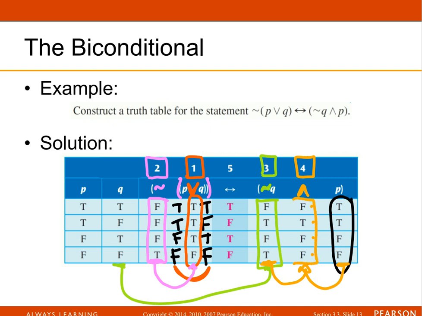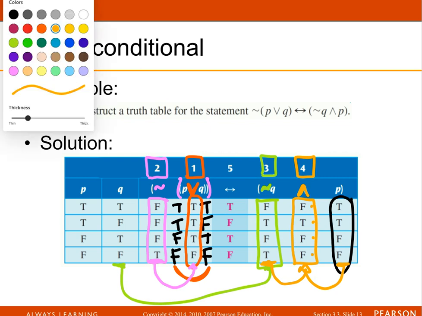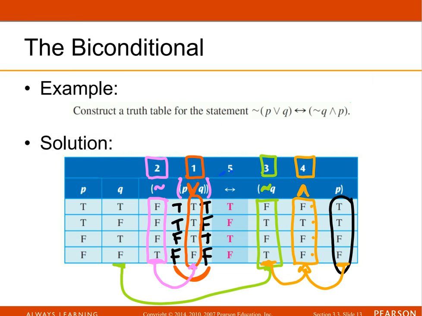So that's correct. And then the very last step, which is number 5, is the if and only if. To do this one, to the left of it, you have to look at the very last step, which was this pink, and compare that with the last step to the right, which was step 4.